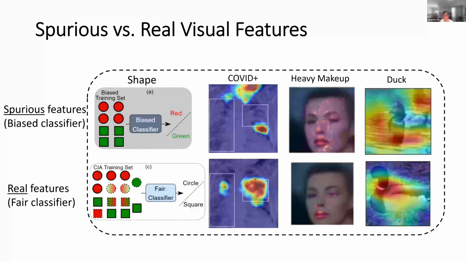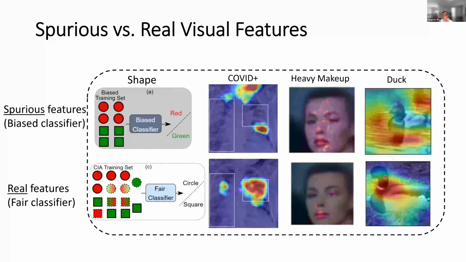There are other examples. For example, if you try to predict the makeup for the woman, instead of using all the facial features highlighted here, we really need to look at just the lip color and the eyebrow here. That's what we call makeup. Also the dog: the spurious feature corresponds to anything surrounding the dog, not the dog.